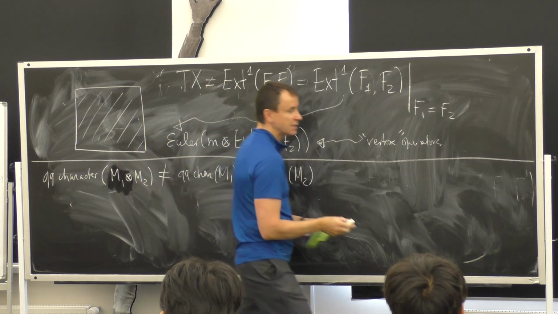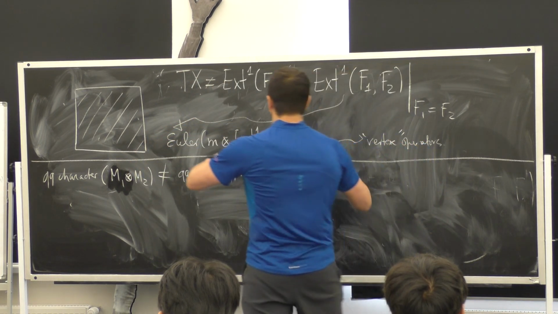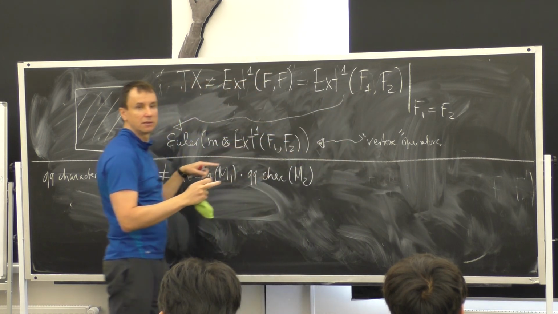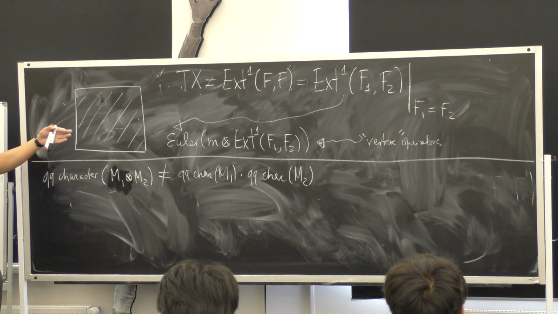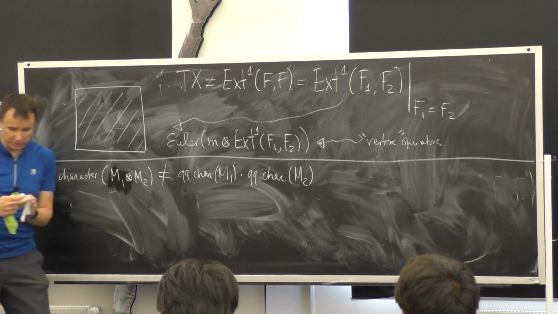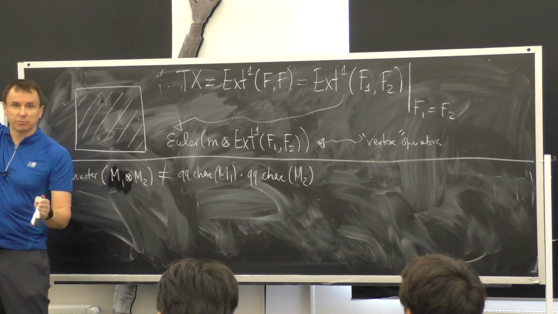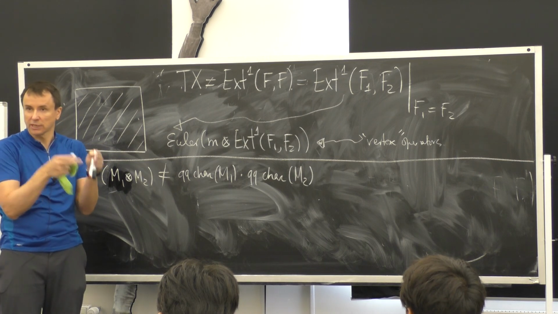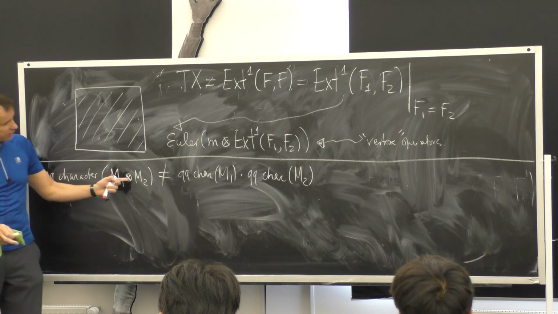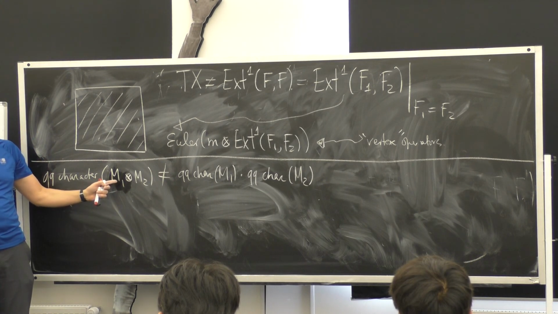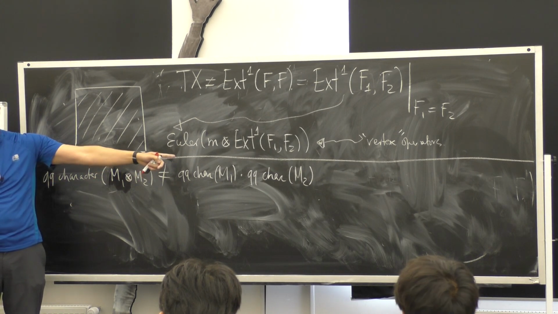Precisely because here I put something which is bilinear. Previously we were looking at Ext between your sheaf and some other probe sheaf, but now here we're really talking Ext^1 between the sheaf and itself. So when we try to compute the QQ character of a tensor product, there will be cross terms. This has cross terms which this doesn't have.